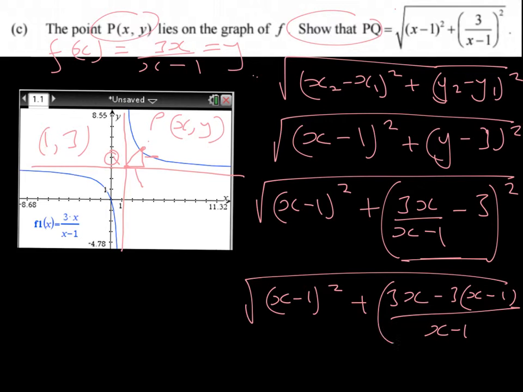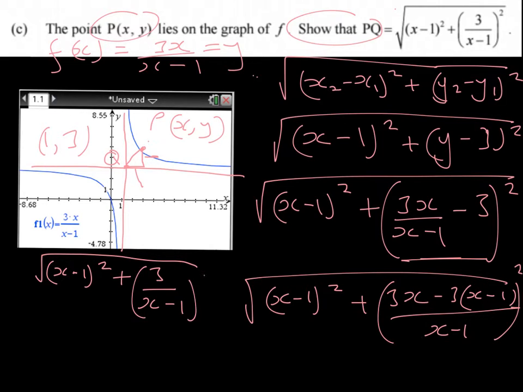And of course that is all squared. So if I continue and expand, that's going to give me the root of (x minus 1) all squared plus 3x minus 3x, which is going to cancel out. Minus 3 times minus 1 is going to give me 3, so it's going to be plus 3 over x minus 1 all squared, which is what I'm asked to give up here.